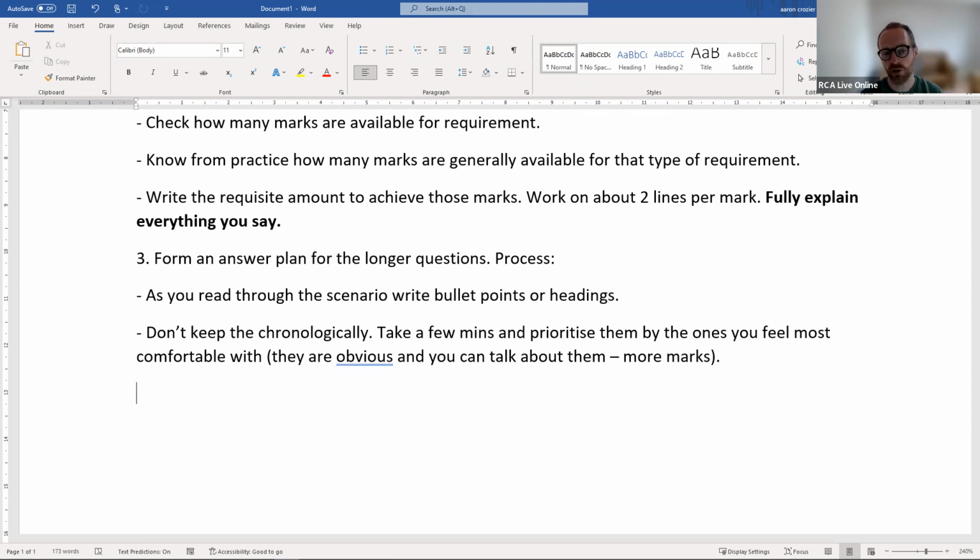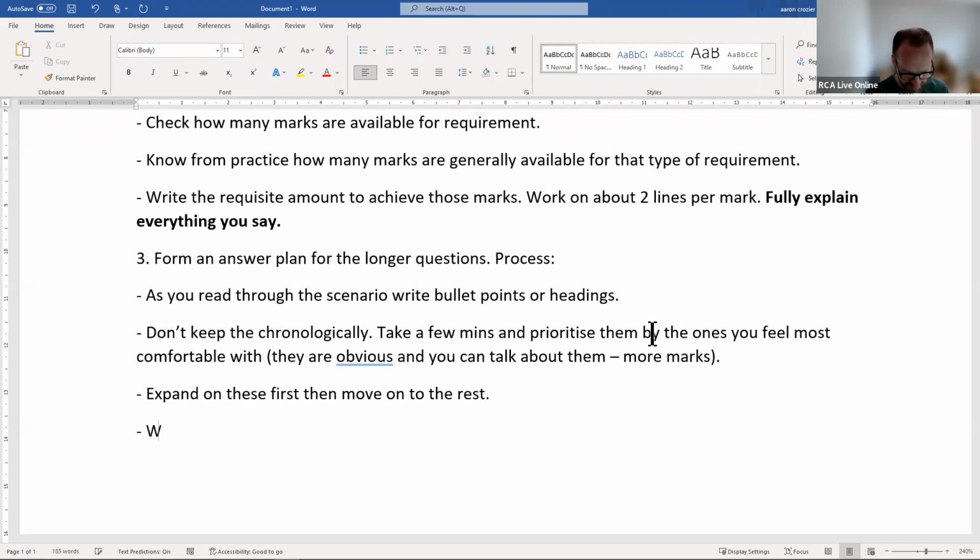Okay, so don't do it chronologically. Take a few minutes, prioritize them by the ones you feel most comfortable with, the ones that are most obvious, the ones you can talk about, the ones that are going to get more marks because they're definitely on the audit plan. Then expand on those ones first. Then move on to the rest.